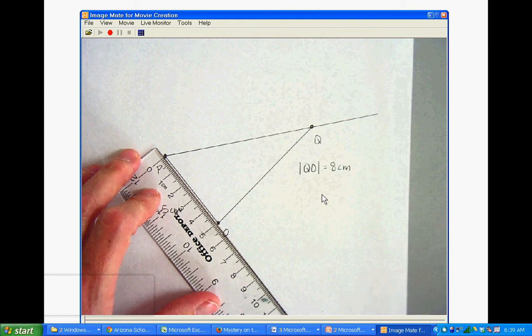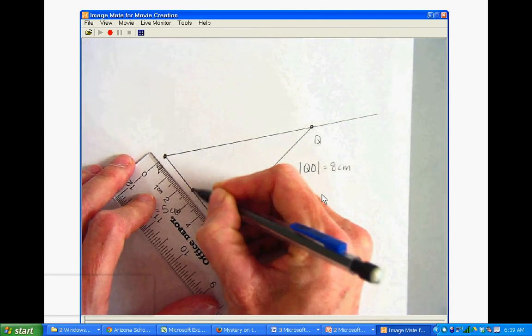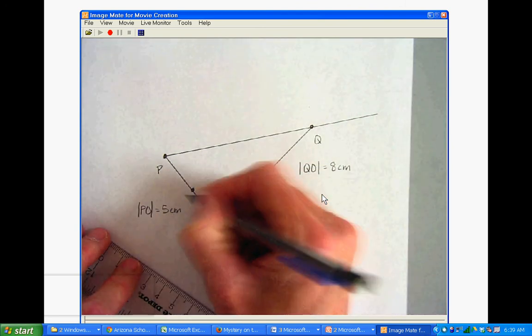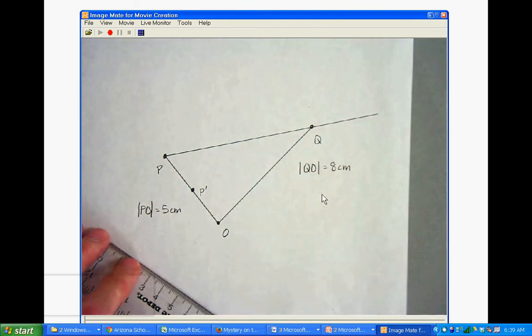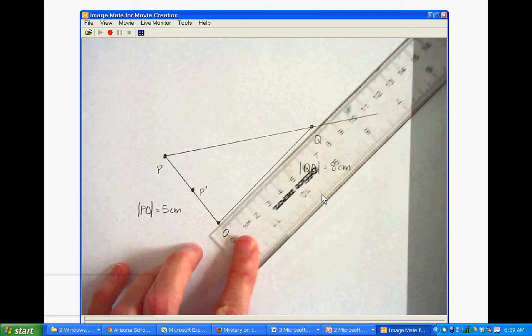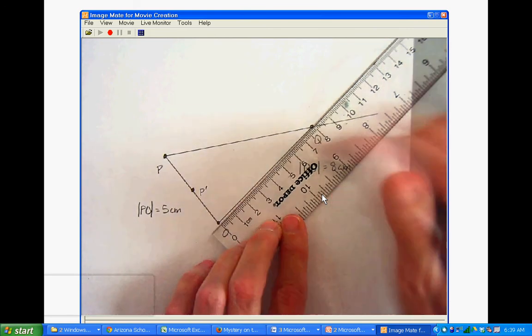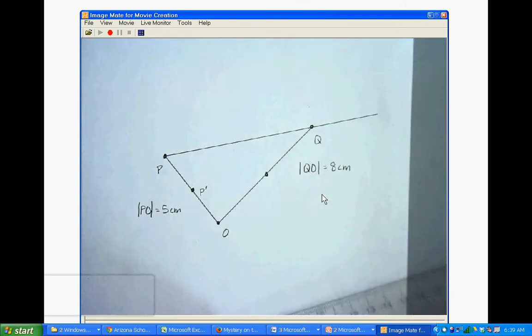So I'm going to find where 2.5 is, and I'm going to mark that. So I've taken half of this distance, so now this becomes P prime. All right. I'm going to do the same thing between O and Q, which half of 8 is 4. And so this becomes Q prime.